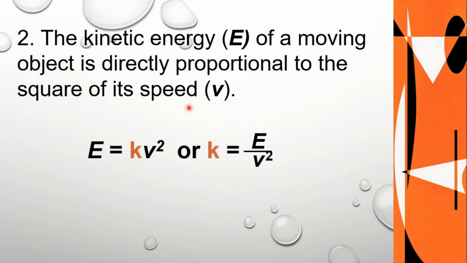The kinetic energy of a moving object is directly proportional to the square of its speed. The two quantities here, E for energy, V for speed. So we write E is equal to k times V squared, or k is equal to E over V squared.